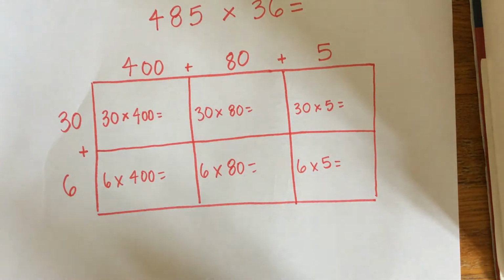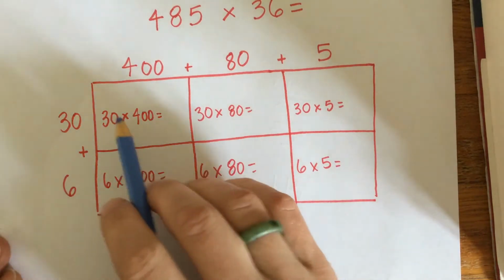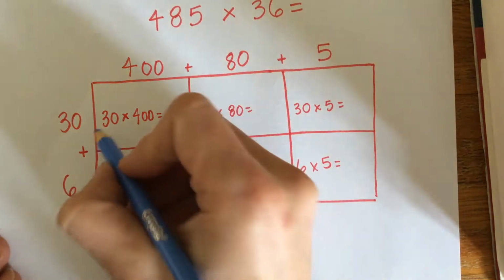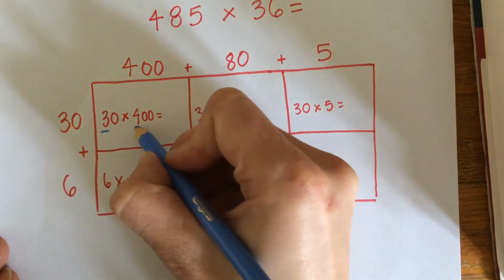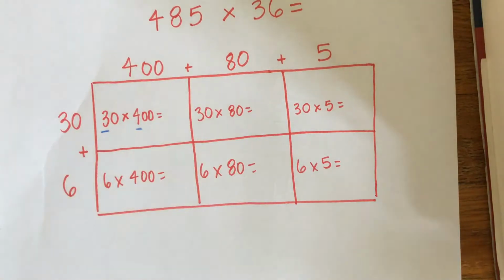And I wish I had done this earlier, but I'm going to bring in another color because I really don't want you to get overwhelmed when you see all these zeros. We're going to just focus here on the 3 and the 4. What is 3 times 4?